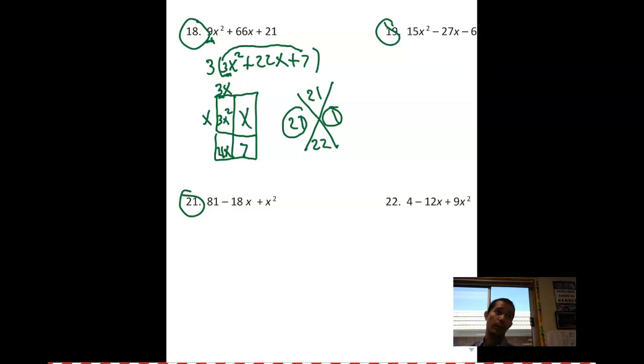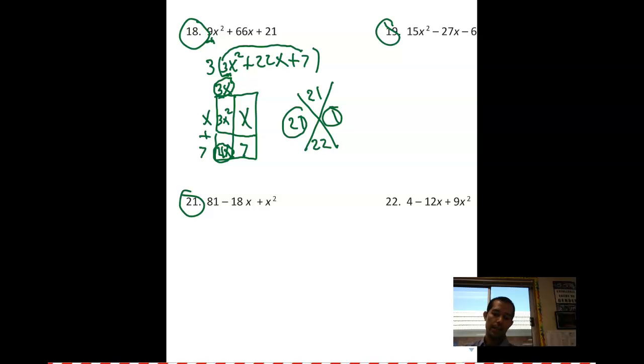Okay, now at this point, we have to figure out what the answers are. So I'm starting here. Remember, we already know that 3 goes in nicely into the 21x because that's how I set it up. So now I'm thinking 3x times what would give me 21x? That would be a plus 7, okay? So here I'm going down, and then now I need to go across.